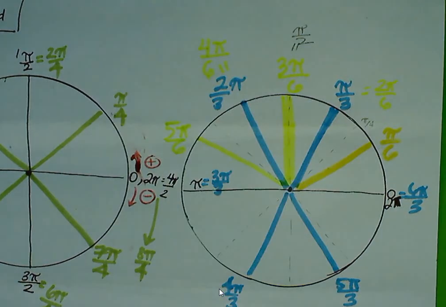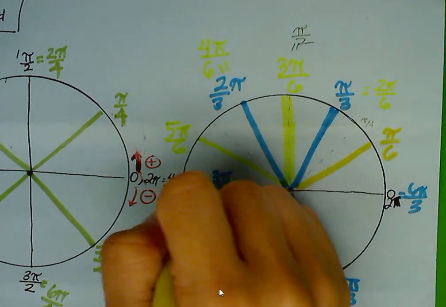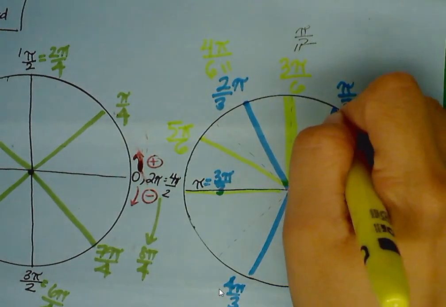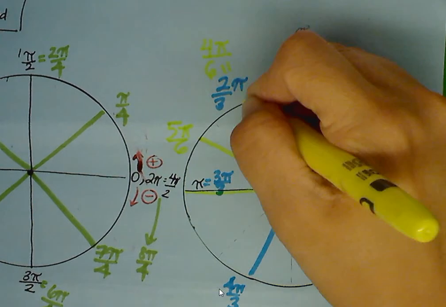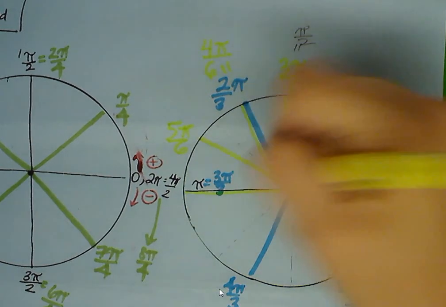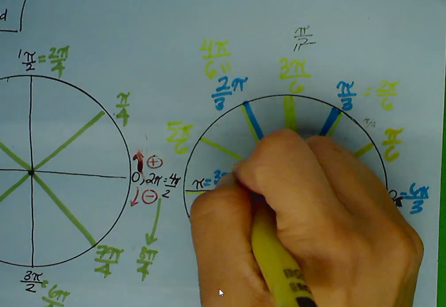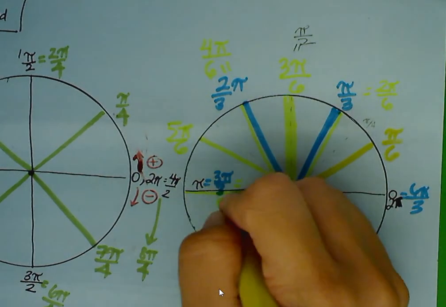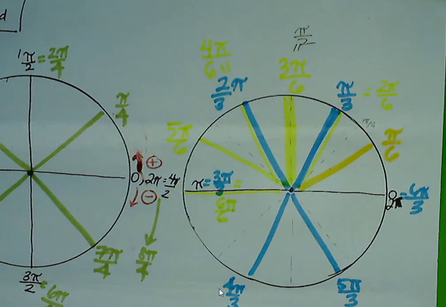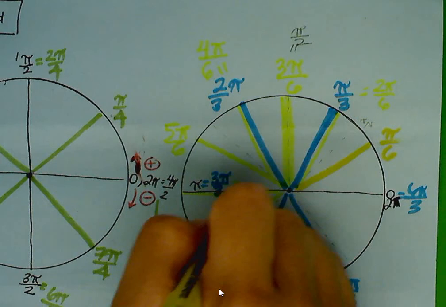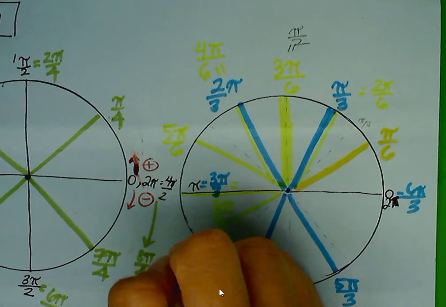So, and then here I'm landing on here. Okay? So in a sense, the blue and the yellow kind of overlap. You see what I'm saying? So 3 pi over 3 is also 6 pi over 6. Right? And then I cut this one in half, and that's 7 pi over 6.